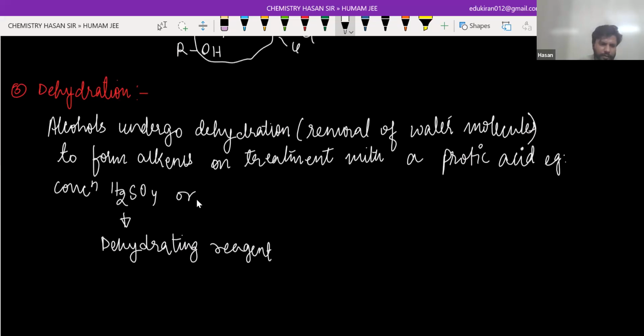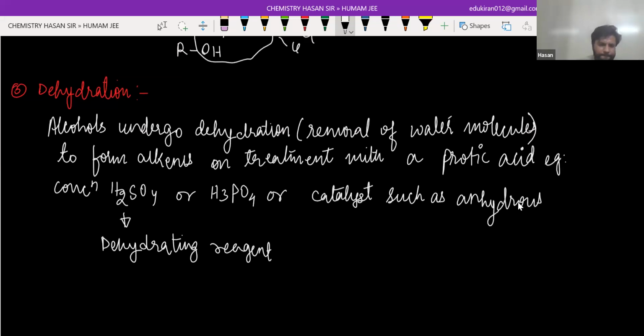Or we can take H3PO4. Or a catalyst such as anhydrous zinc chloride, or aluminum.